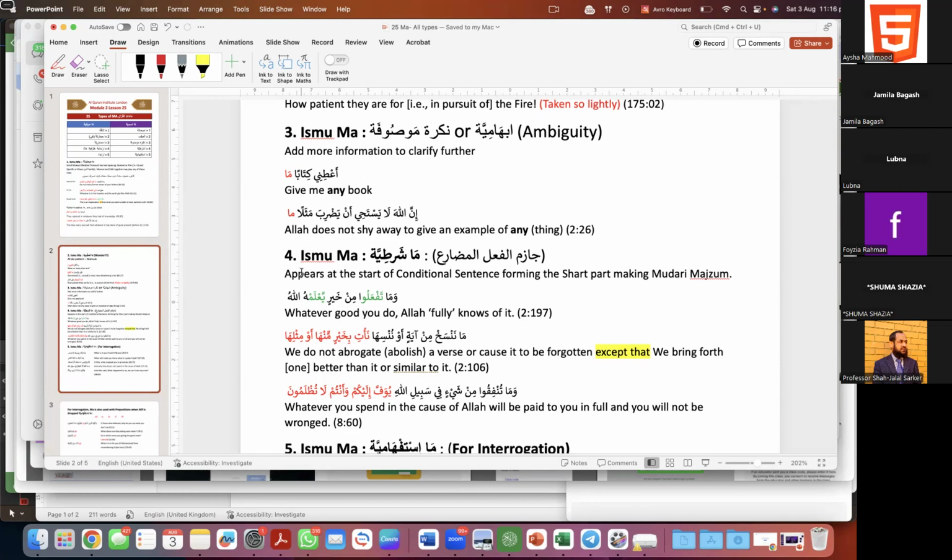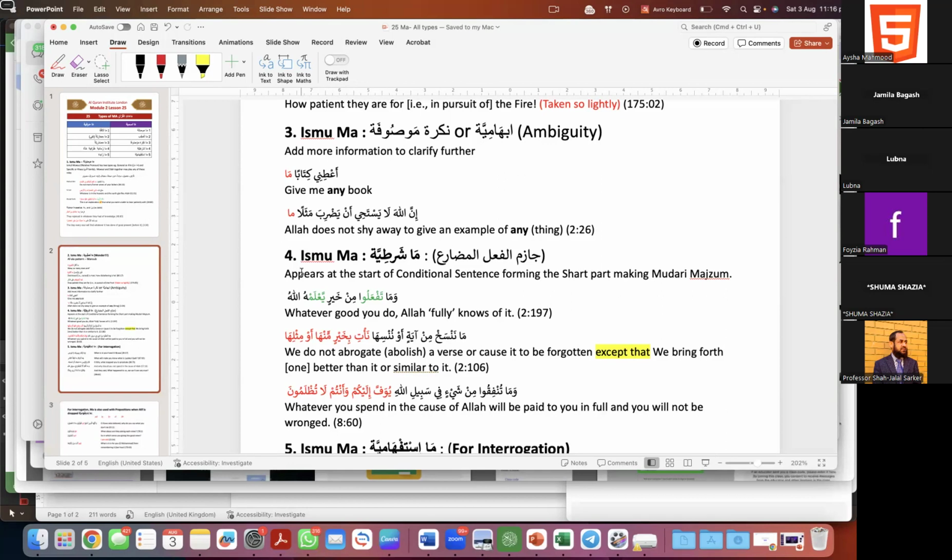Inna Allah la yastahi. Allah doesn't feel shy. An yadriba. What is an yadriba? An masdaria. It means to throw, to just give an example. An masdaria, masdar muawwal. It means to throw an example.